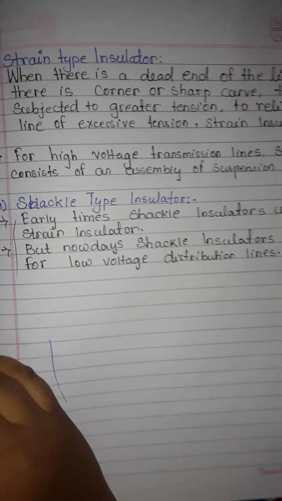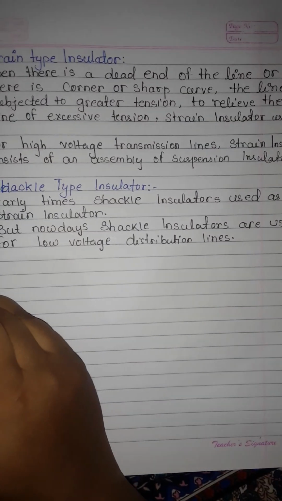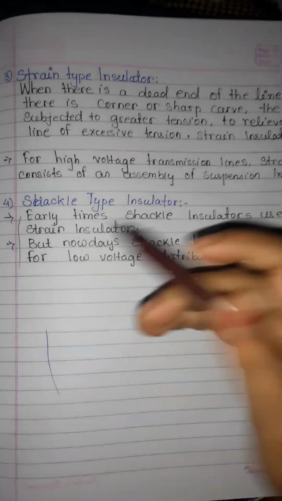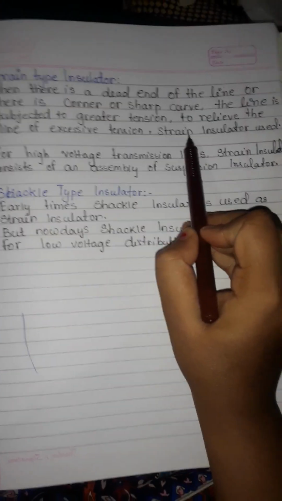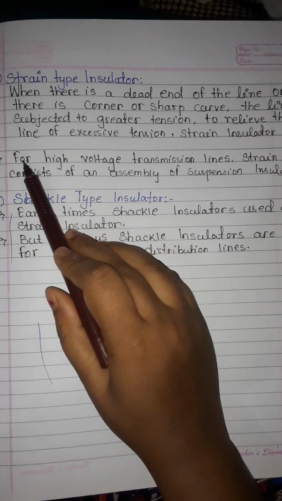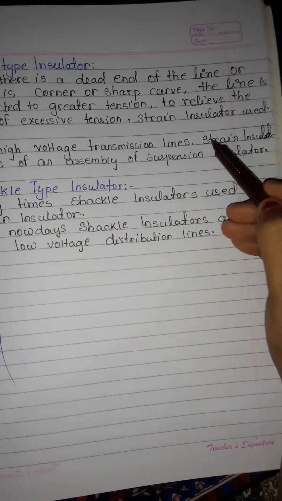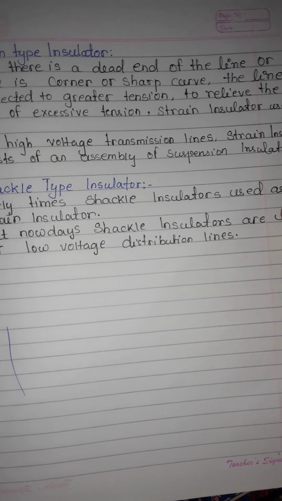Next is our strain type insulator. When there is a dead end of the line, or there is a corner or sharp curve, the line is subjected to greater tension. To relieve the line of excessive tension, we use the strain type insulator.